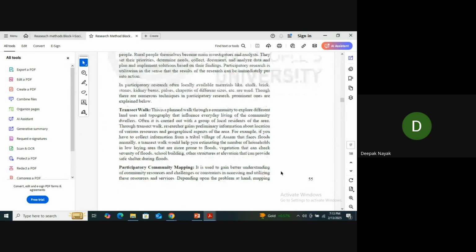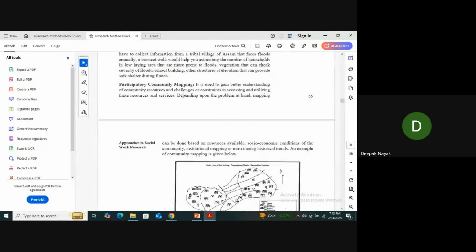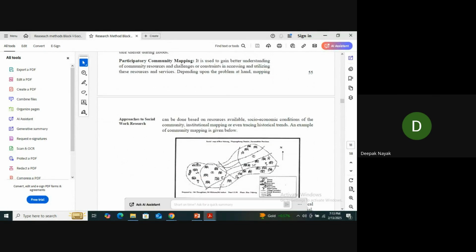They locate the entire resources of the community: where the school is located in which part of the village, what the road communication facility is, where the water resources are, the religious houses, the community resource center, and crop fields.